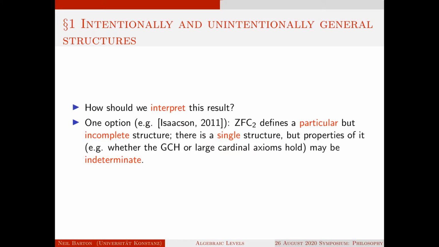Now, given this quasi-categoricity result, there's a philosophical question of how we interpret the result. One option, proposed by Dan Isaacson, is that second-order ZFC defines a single particular structure, but it's incomplete in some sense. So there's just one structure there, but properties of it may be indeterminate. For instance, unbounded statements like the generalized continuum hypothesis or certain large cardinals may be indeterminate.